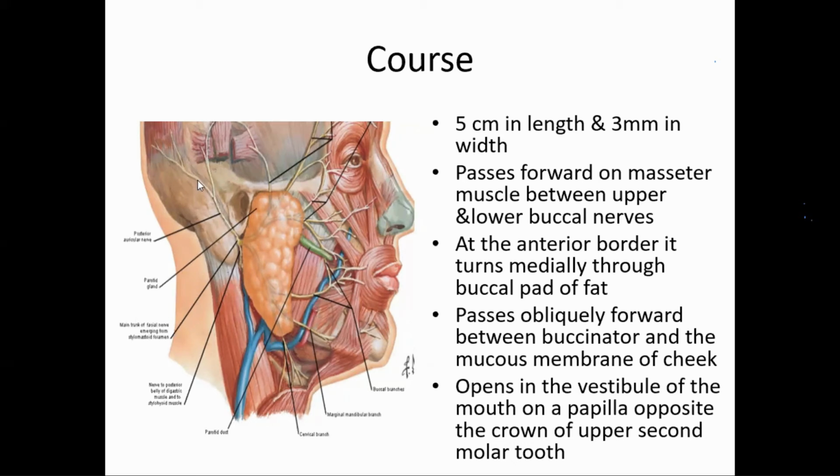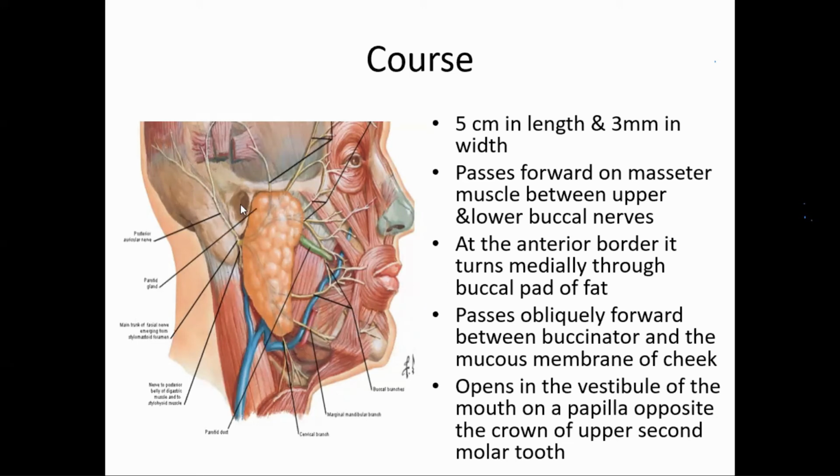After piercing the buccal pad of fat, it turns medially in between the buccinator muscle and the mucous membrane of the cheek, where it enters the lateral wall of the vestibule, opposite the crown of the upper second molar tooth.